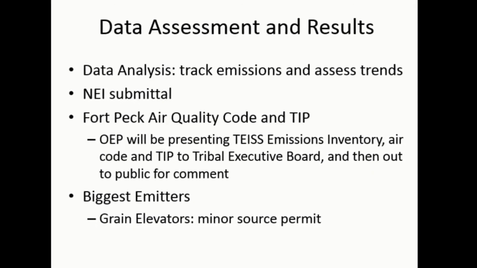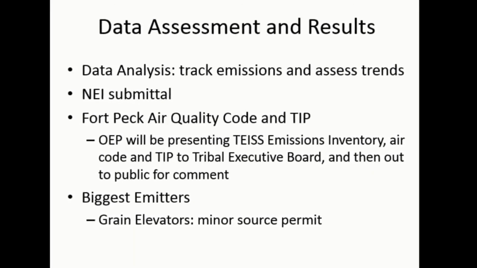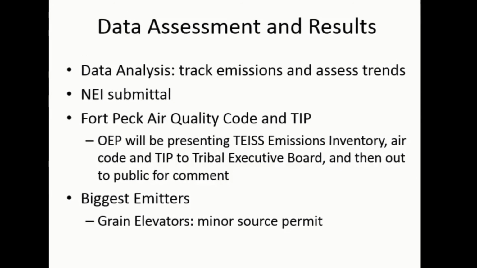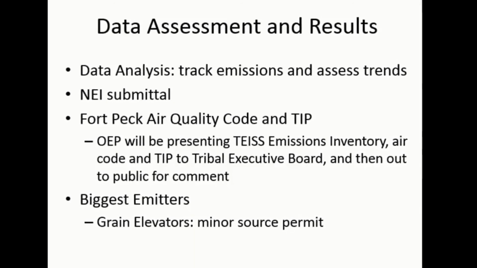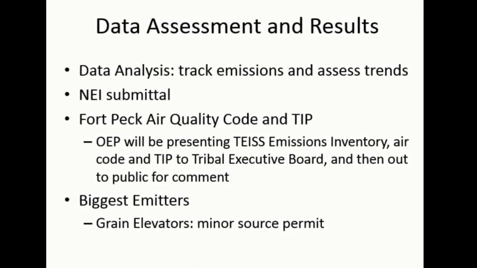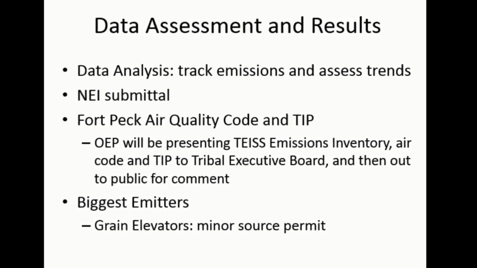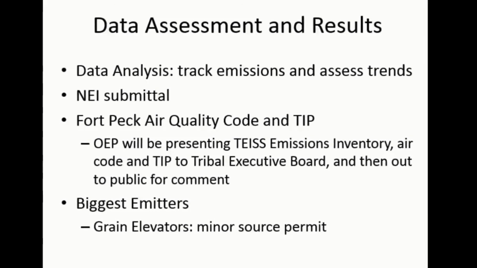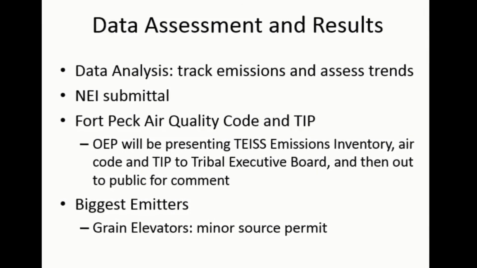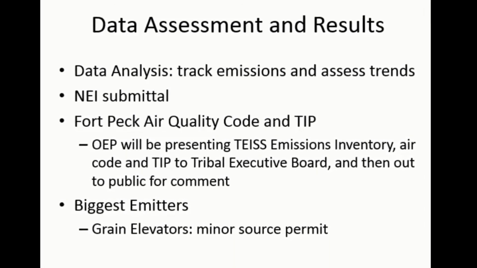I think my boss said she did the first one back around '93 or '94 and began with inventorying the one major source, the Northern Border Pipeline, and then realizing that we didn't have enough major sources to do a major source program because it's self-funded.